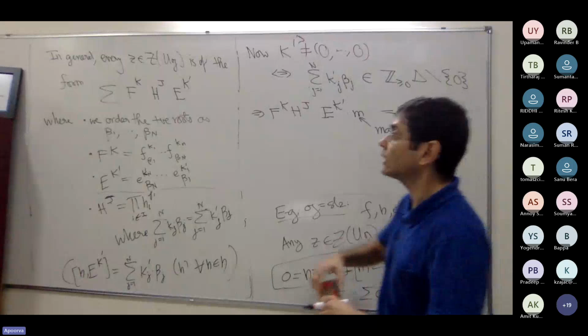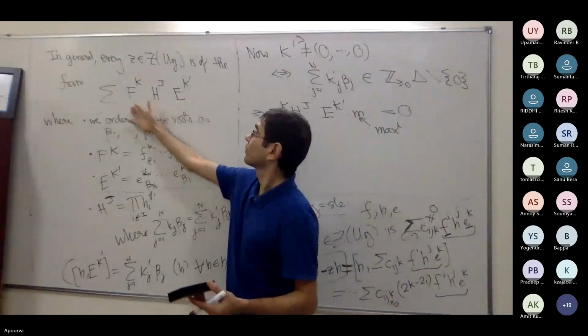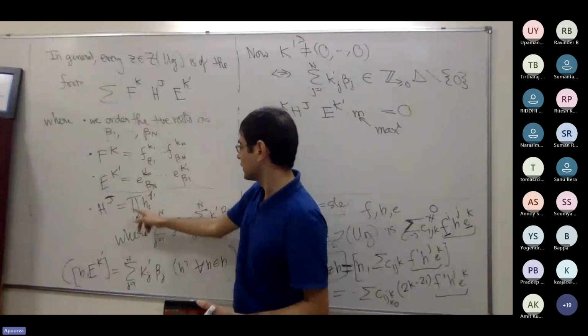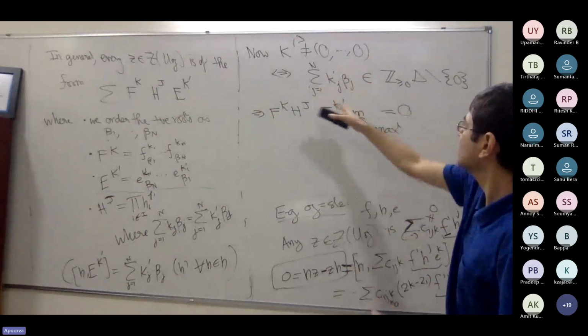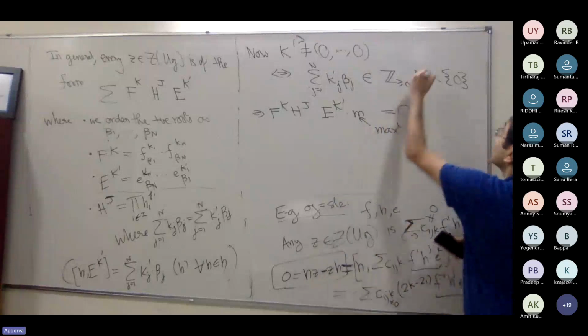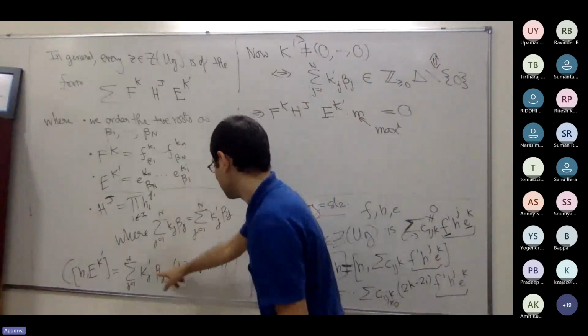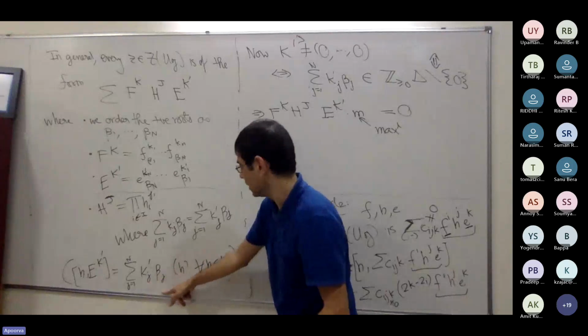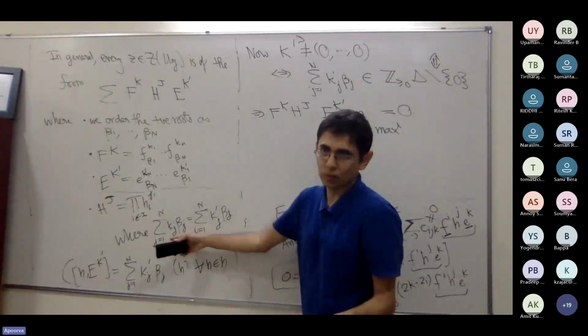The question therefore is, we wrote down a general central element in this form, and the condition was that K prime is non-zero means this thing, and then this happens. But now here is the other point. If K prime is non-zero, then this summation is non-zero, but then this summation is non-zero because they are equal.